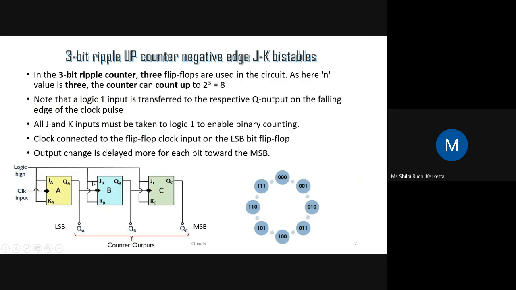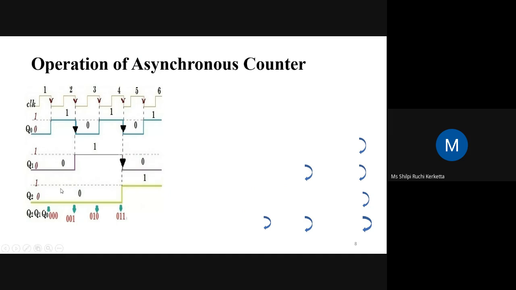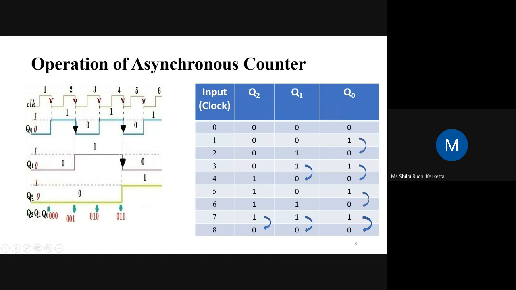And for the third part, you can see this output is the clock for this third flip flop. It is negative edge triggered. Initially we give a 0. Even if we give a 1, it won't change. Only for the next negative edge, this negative edge, will it change to 1.